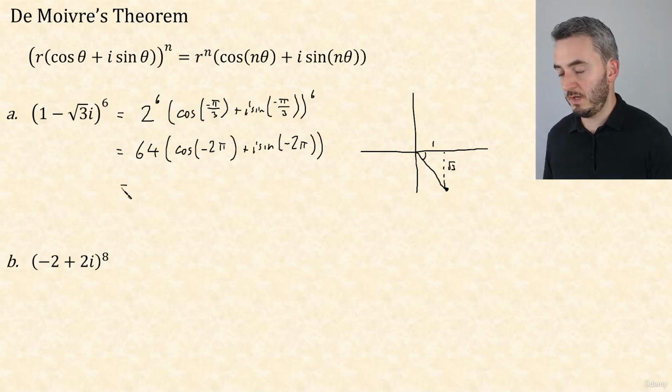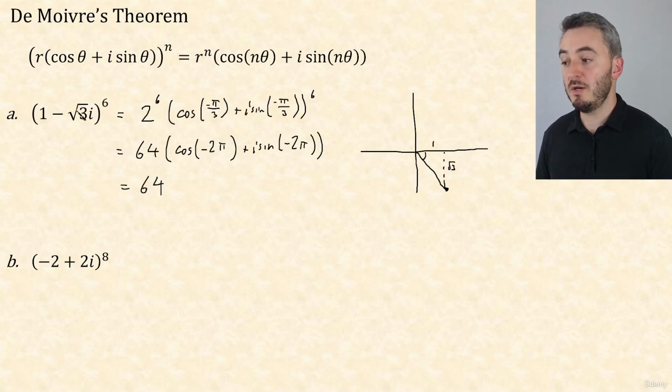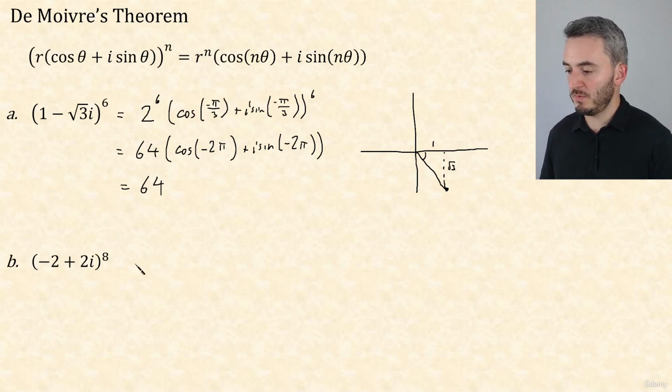Now, cos of minus 2 pi is 1, and sine of minus 2 pi is 0. So we just have 1 inside here, and so our answer is 64. So what we've actually found is that 1 minus root 3i is one of the 6th roots of 64, which is quite cool.